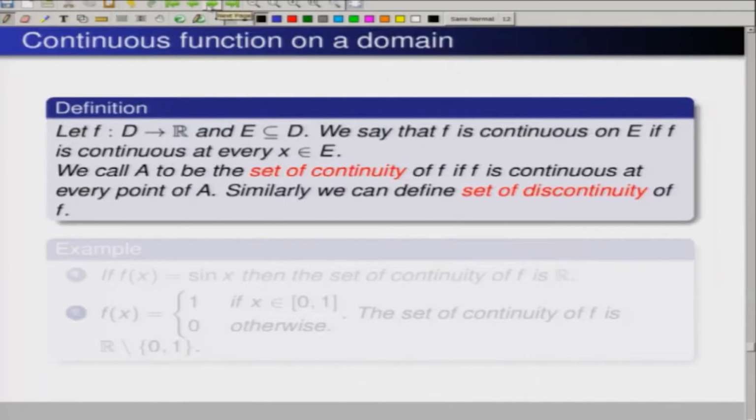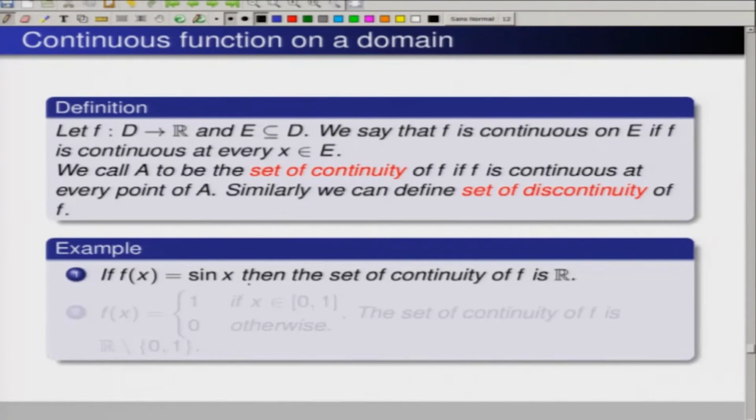So, we call A the set of continuity of f if f is continuous at every point of A, and we can define the set of discontinuity of f: A, a subset of the domain D, is a set of discontinuity of f if f is not continuous at every point of that set.